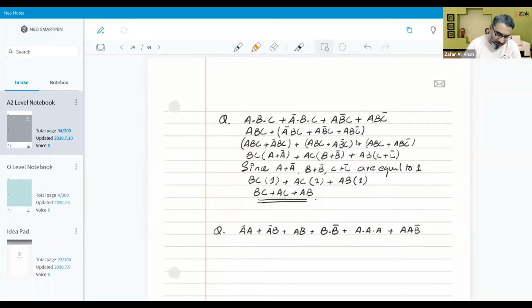a naught into a, that is null law, 0, plus a not b, we cannot do anything to it. a b, we cannot do anything to it, so b into b not is 0, plus a into a. Which law is this? A into a. This is idempotent law.